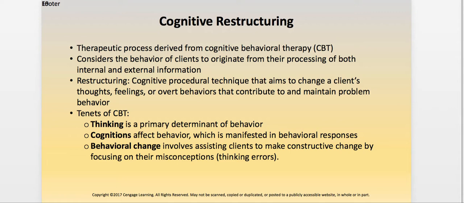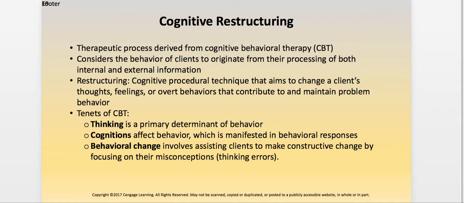Cognitive restructuring is another model that Hepworth talks about, and there are a variety of specific therapies, rational emotive therapy, et cetera, that fit into this model of cognitive behavior therapy. But again, this is a broader classification of interventions.